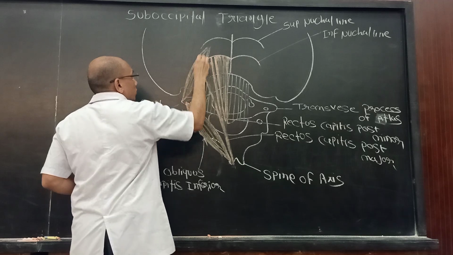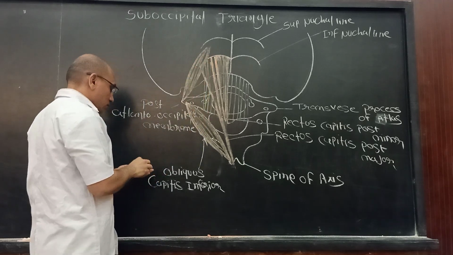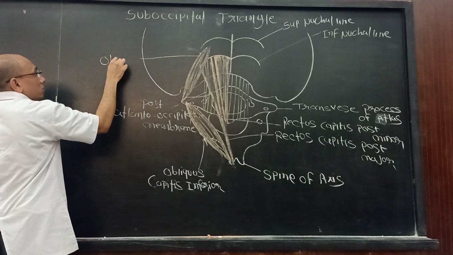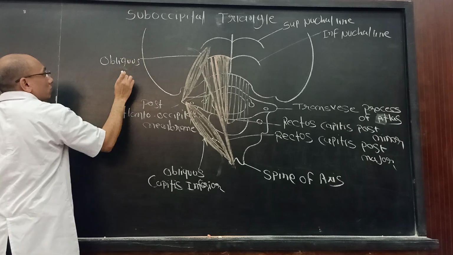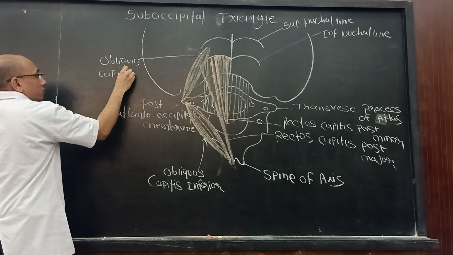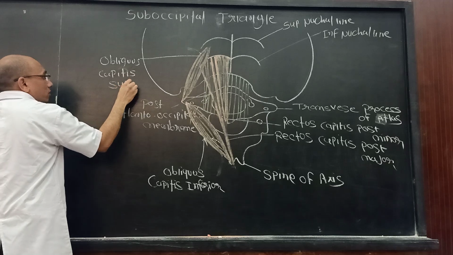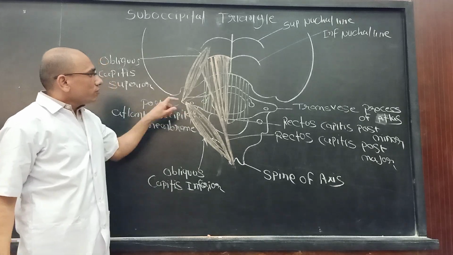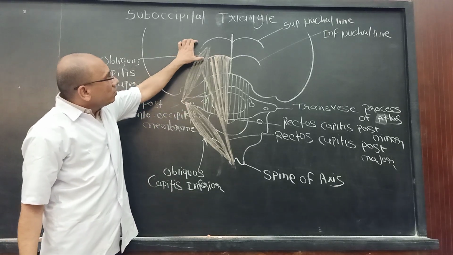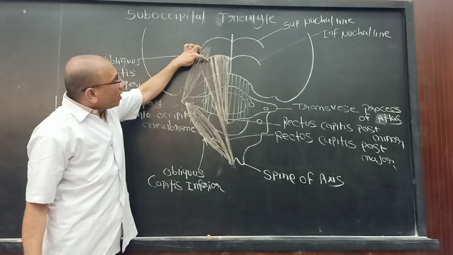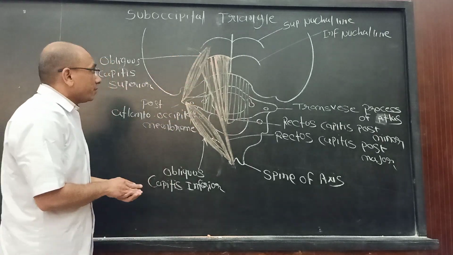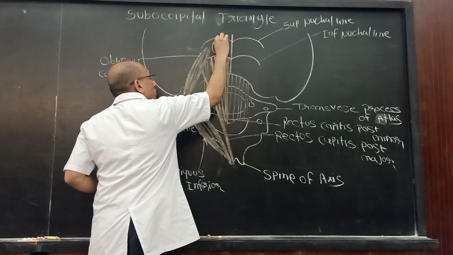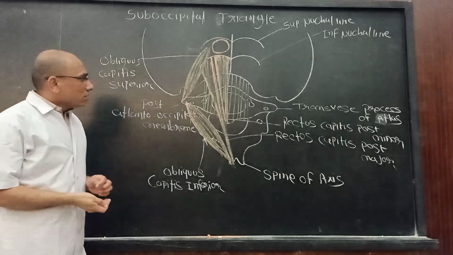So superior oblique muscle or the obliquus capitis superior, which origin from the transverse process of atlas vertebrae going upward and inserted the area of the bone between the superior and inferior nuchal line on lateral side. And medially here is the site of insertion of semispinalis capitis.